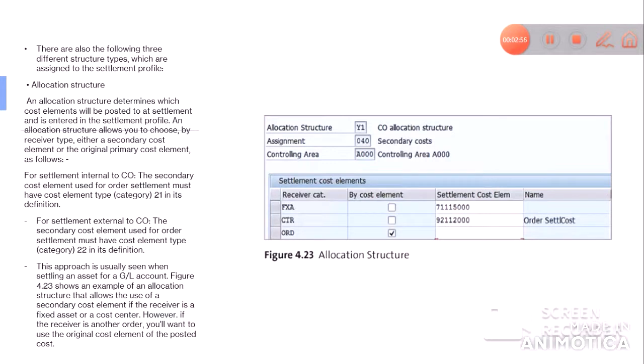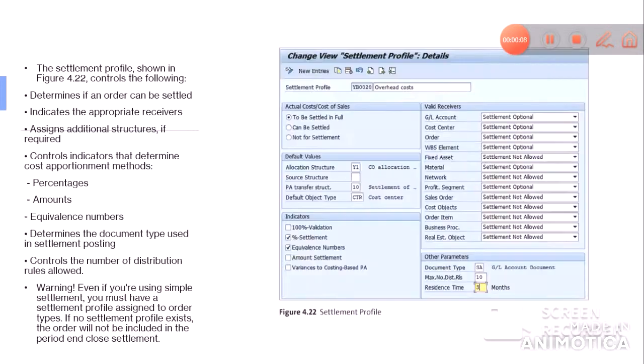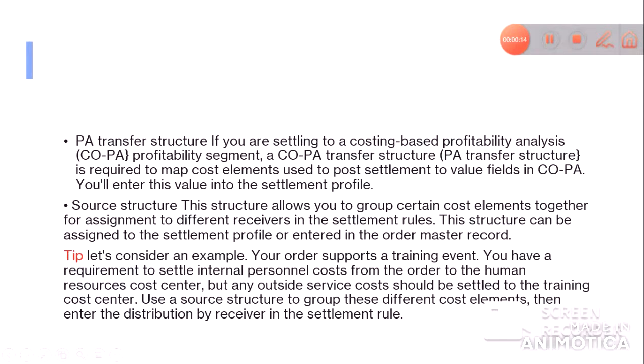This allows us to choose the receiver. In our previous screen we can see the PA transfer structure and the source structure. Let us now see what that actually means.